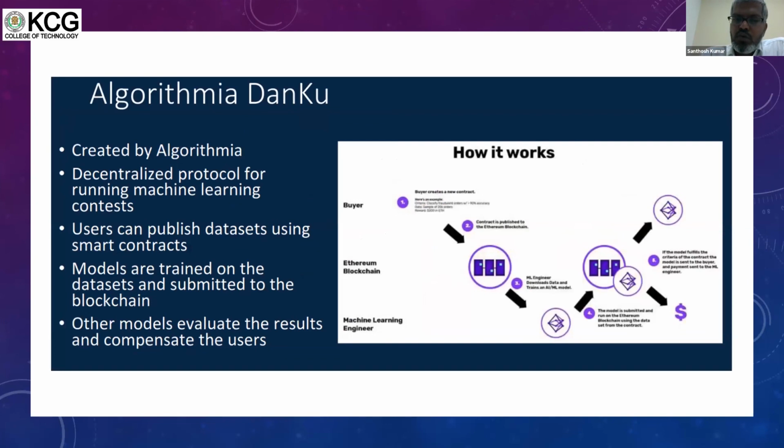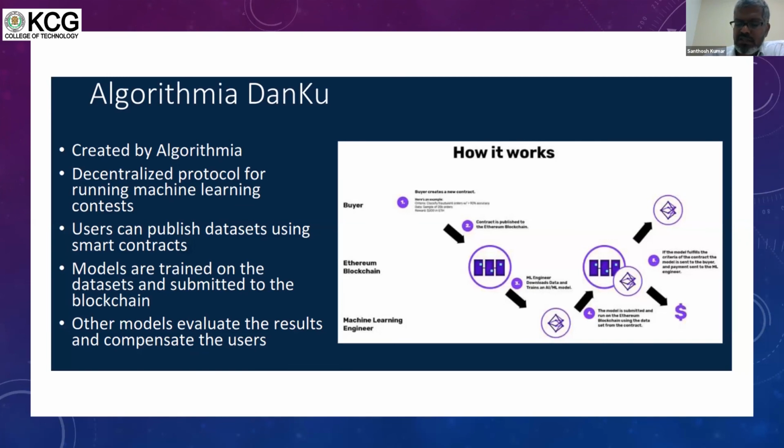The other tool which is again emerging in this area is Danku. It's basically a protocol for exchanging the intelligence or the mined training algorithms, right? The individual swarms of intelligence come together to build a master intelligent algorithm.